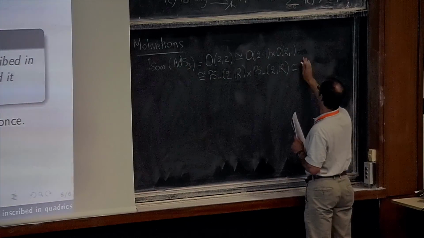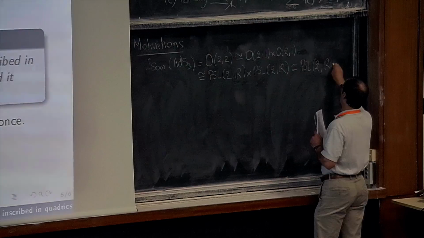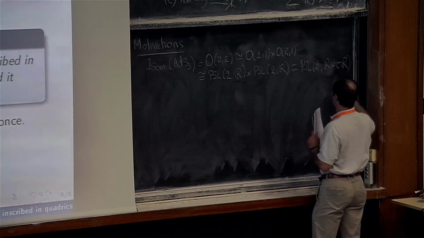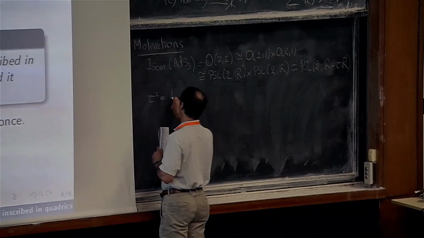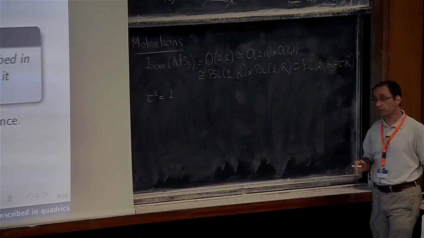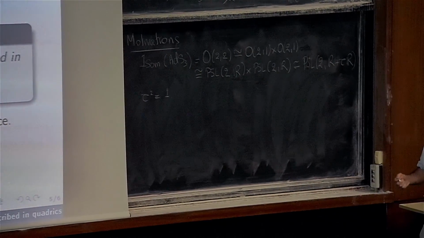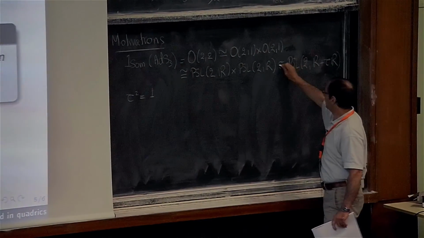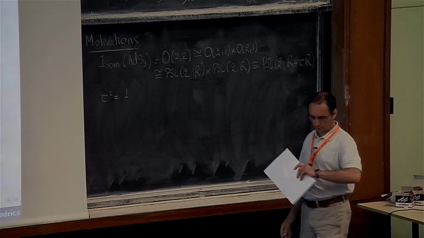You can write it as PSL2 of R plus tau R, where tau is a variable such that tau squared is equal to 1. This is very close to what we have in hyperbolic geometry in 3D, where we have PSL2C, and C is R plus iR, where i squared is equal to -1. In this case, we have this tau R. And this is going to come up at the end of the talk, hopefully, if I have time.